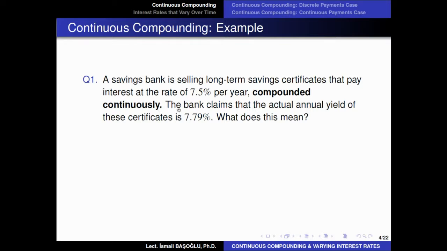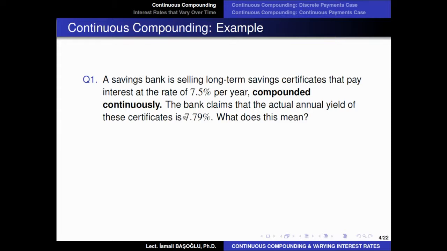Now, the bank claims that the actual annual yield of these certificates is 7.79%, which means even though they are selling these certificates, which are supposed to pay a nominal interest rate of 7.5%, actually the people who purchase these certificates are going to earn 7.79% effective interest rate. What does this mean?